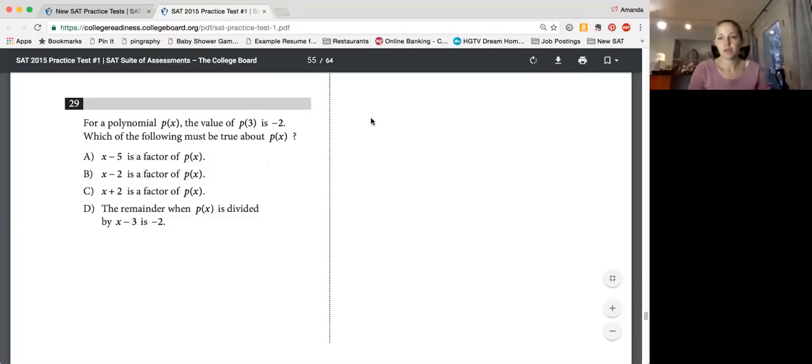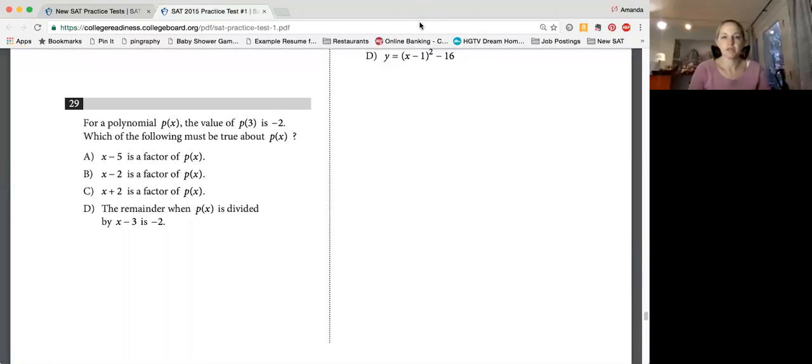So let's talk about what happens if you don't remember some of those Algebra 2 concepts. Try to think about what you do know from this problem, because whenever you're not sure, you'd want to rely on process of elimination. So in this case, p of 3 is -2.